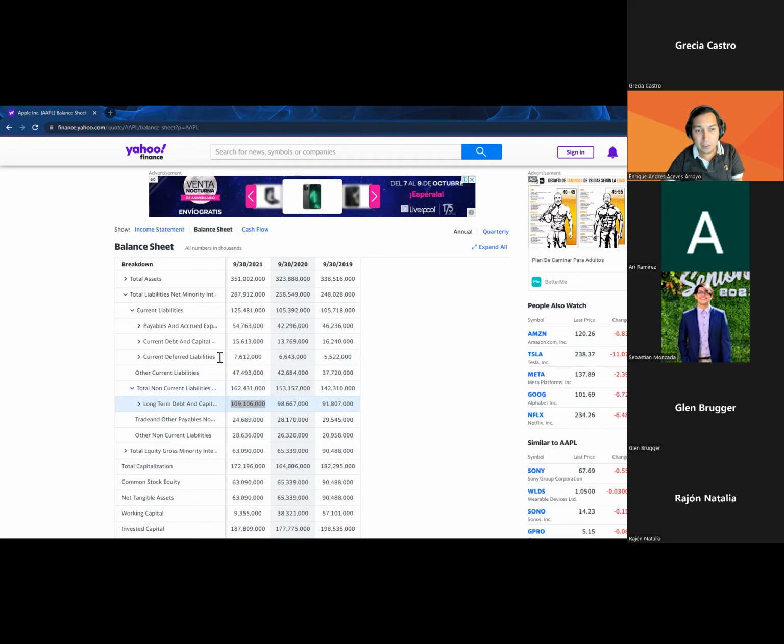So if I'm paying $2 million in interest, but I have a total debt of 124, we are just dividing the interest by the total debt, and this gives you a very close amount of the financing rate of Apple.